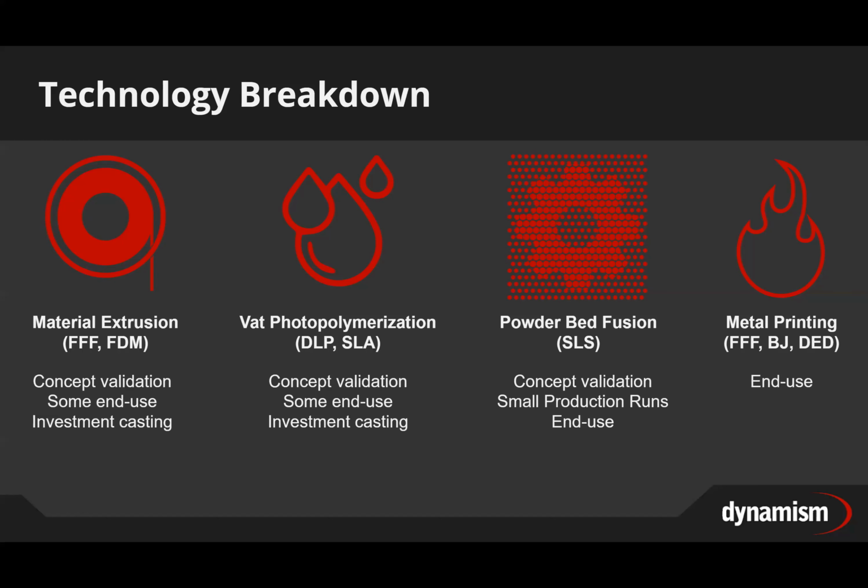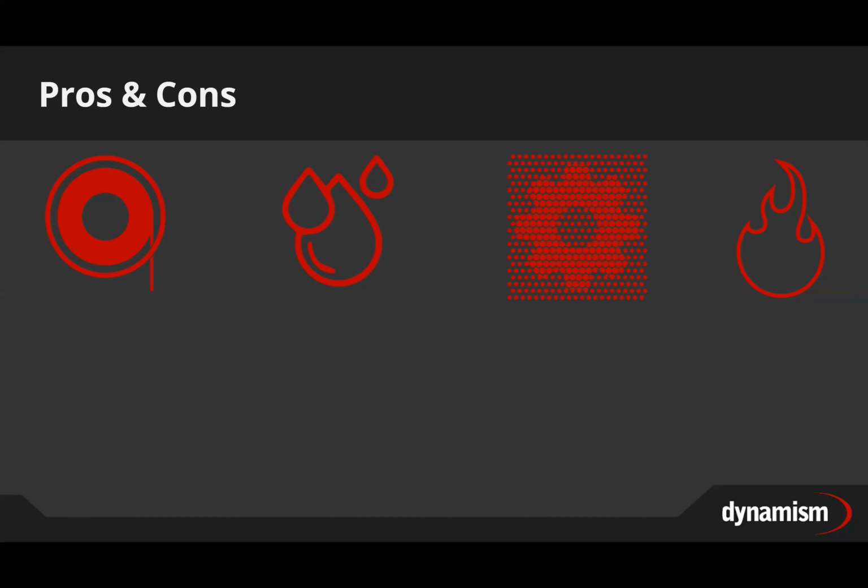On the photopolymerization side, it's the same: concept validation, some end use, and investment casting. For powder bed fusion: concept validation, small production runs, and end use. I'll get into that a little bit more here. And then with metal, it's mainly end use.